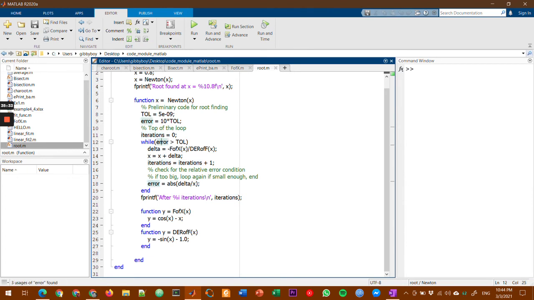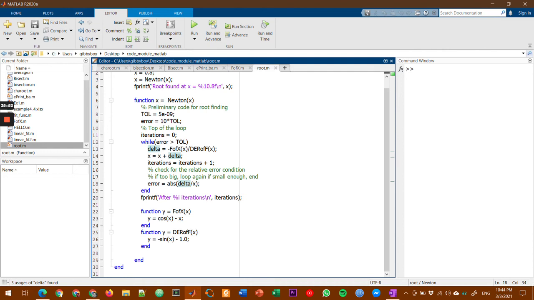While the error is greater than the tolerance, it keeps calculating, right? The error is the difference between your results, x sub i and x sub i plus 1.